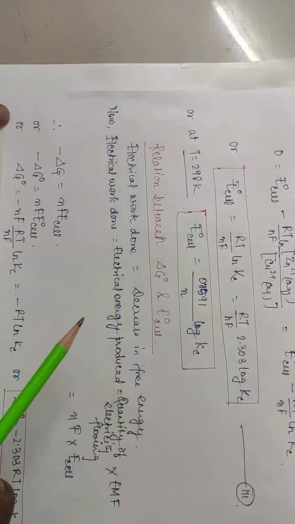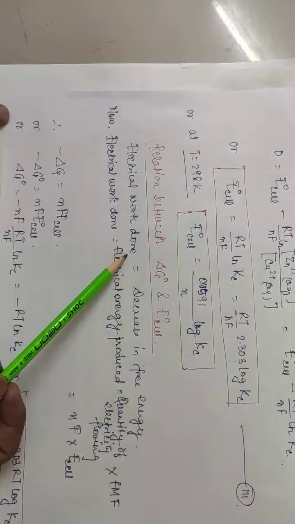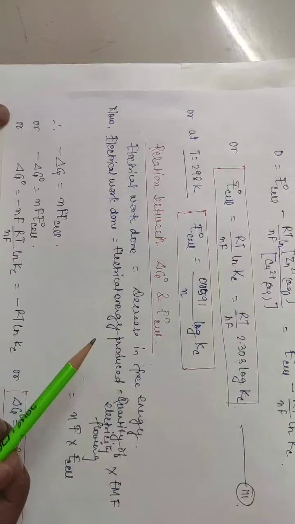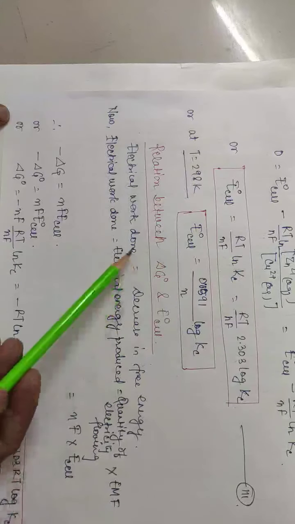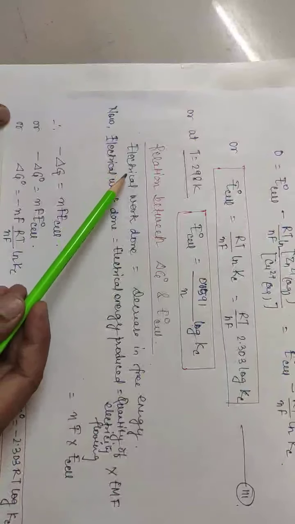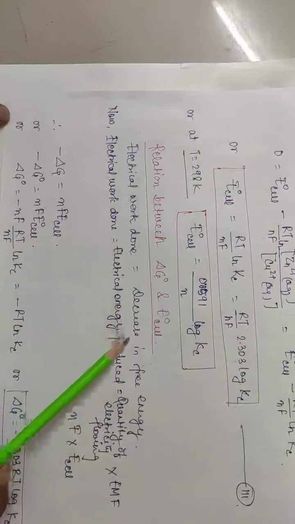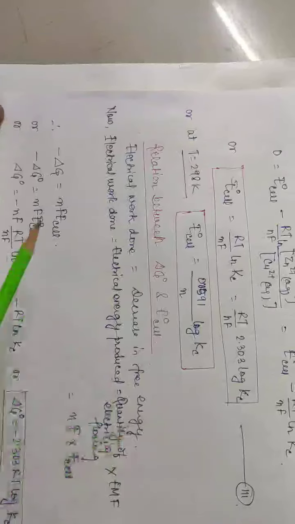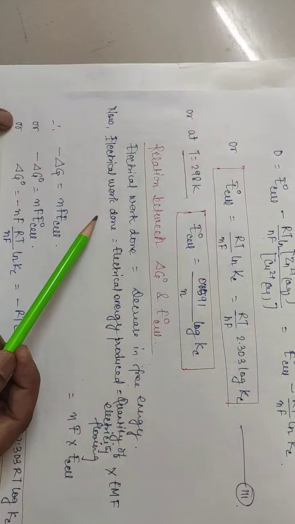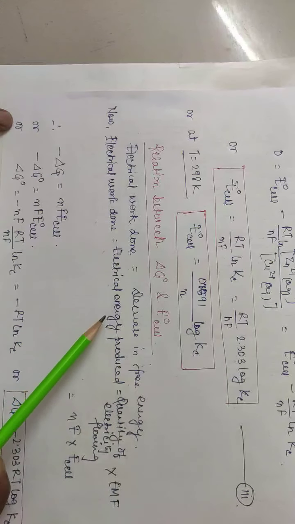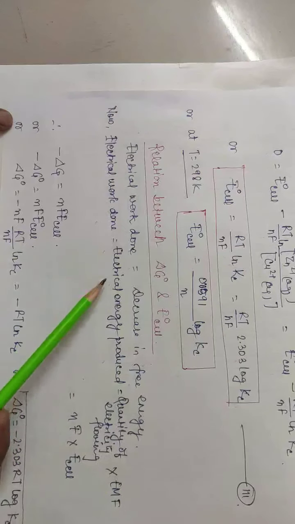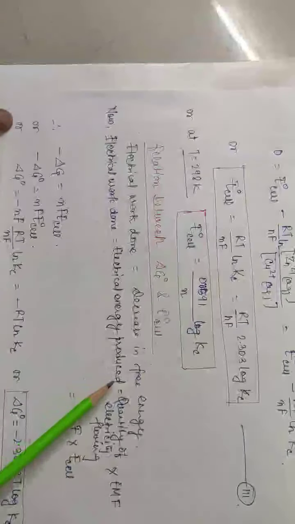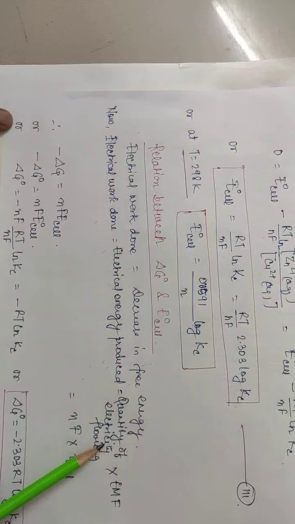Since this is a spontaneous reaction, the energy of the system decreases and work is done by the system, that is, the electrical work done is equal to the decrease in free energy. Now the electrical work done is equal to the electrical energy produced, which is equal to the quantity of electricity flowing times the EMF.